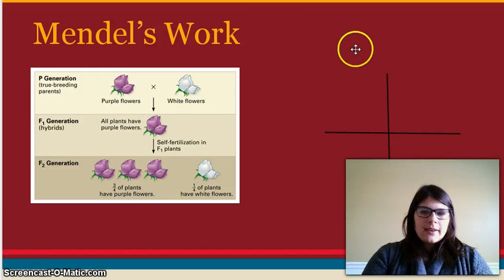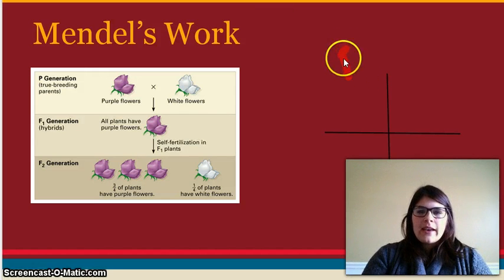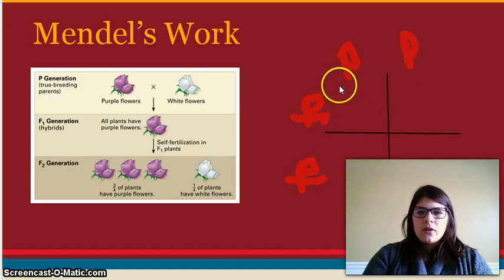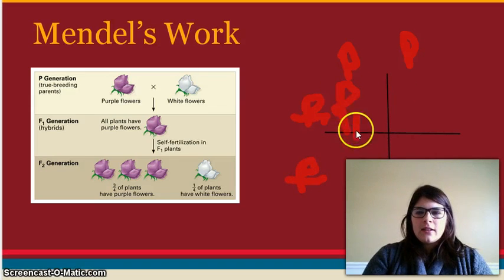So what does that look like? So if we have a capital P, and we have a lower p, I'm going to draw a line under this, and another lower p. When we cross those, we're going to get capital P, lower p, capital P, lower p, capital P, lower p, and capital P, lower p.